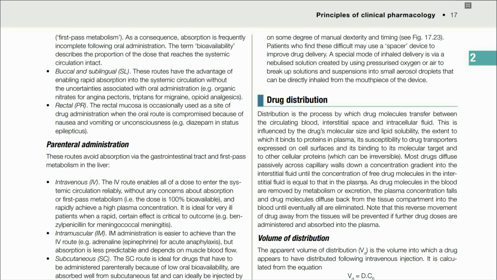As drug molecules in the blood are removed by metabolism or excretion, the plasma concentration falls and drug molecules diffuse back from the tissue compartment into the blood until eventually all are eliminated. Note that this reverse movement of drug away from the tissues will be prevented if further drug doses are administered and absorbed into the plasma.